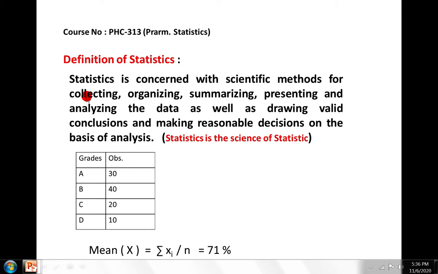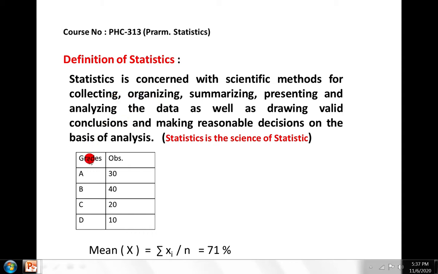After collection of the data, organization of the data. Suppose you collect the marks of the students in a mathematics course and then organize them according to the grades.